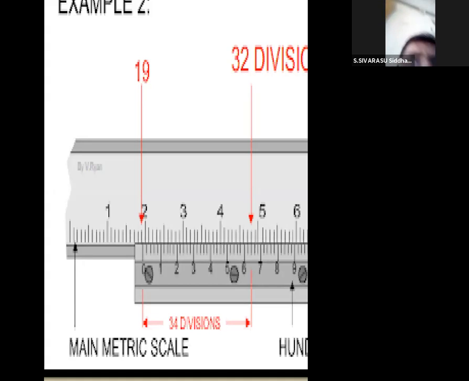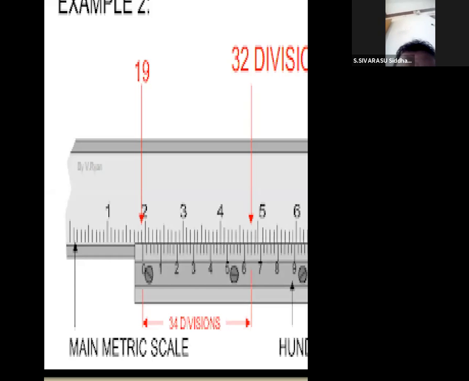Thereafter, next you see which line of the Vernier scale division coincides with the main scale division. Here the 32nd division of the Vernier scale coincides with the main scale division. One Vernier division difference, the least count, is 0.02 mm.